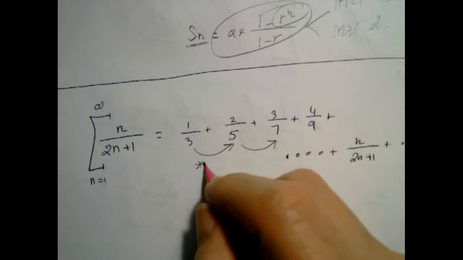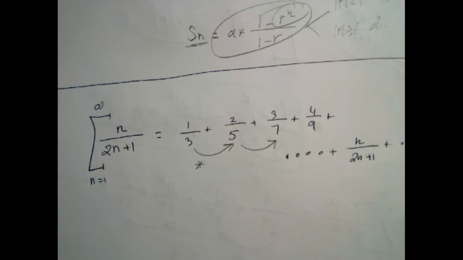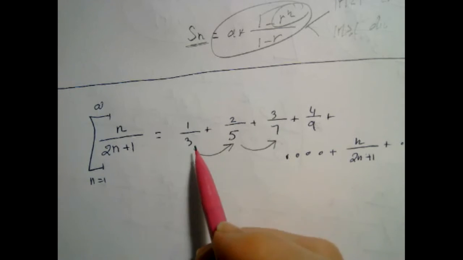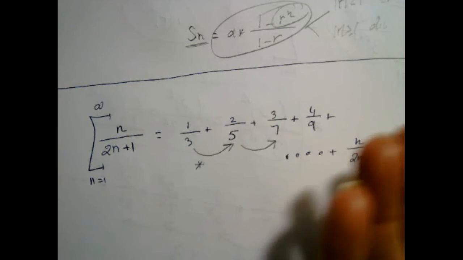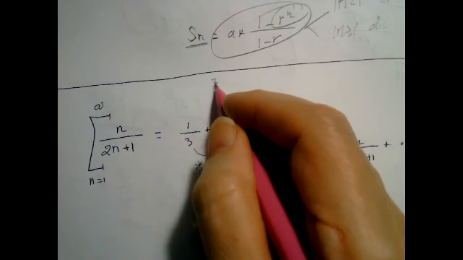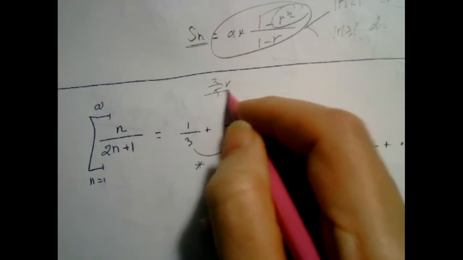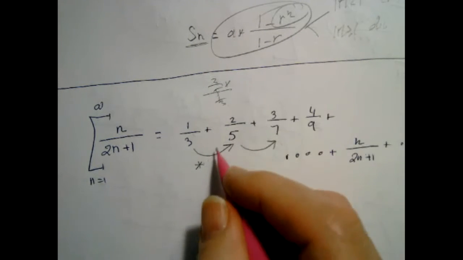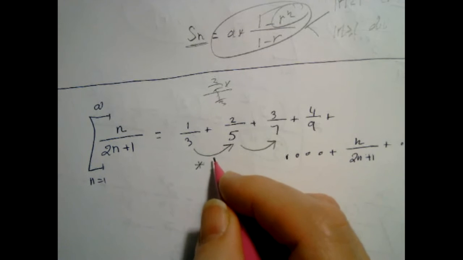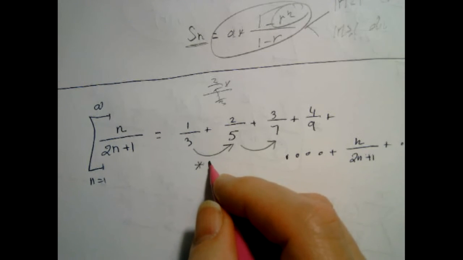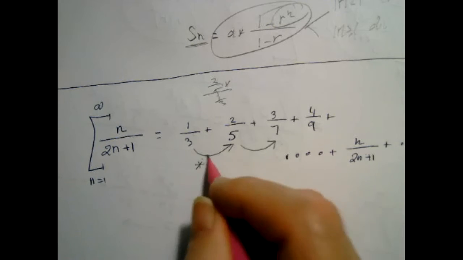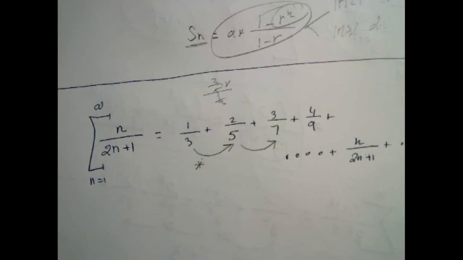Is there a common ratio between the terms? No, there isn't. Absolutely not. If you go from here to here, you have to multiply basically by 2/5 over 1/3. It means you have to multiply by, sorry, my mind went blank here. There is nothing. No common ratio.